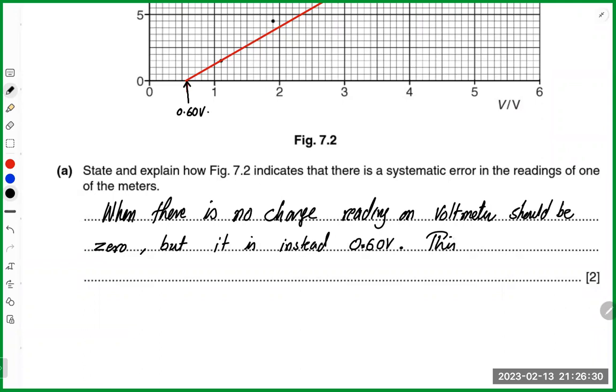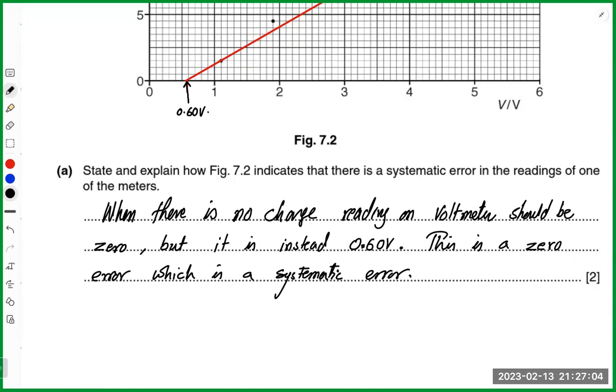This is a zero error, which is a systematic error. So he asked to explain why there is a systematic error. And I told him that when I drew the best fit line, it was intersecting the x-axis at 0.6 volt.